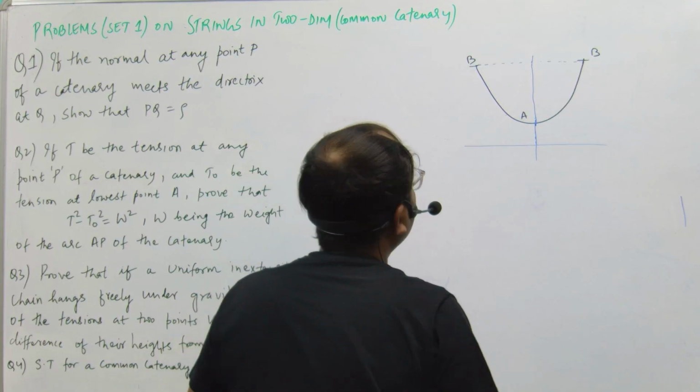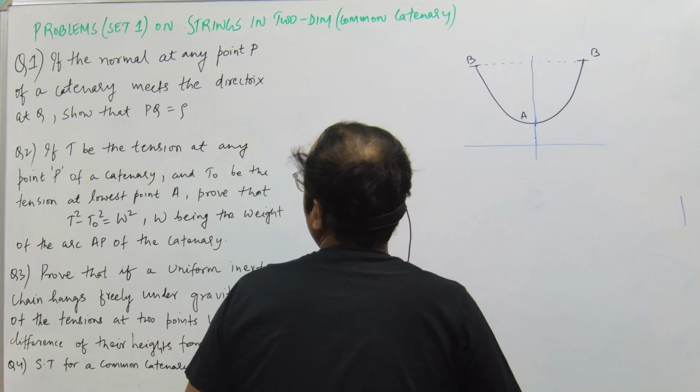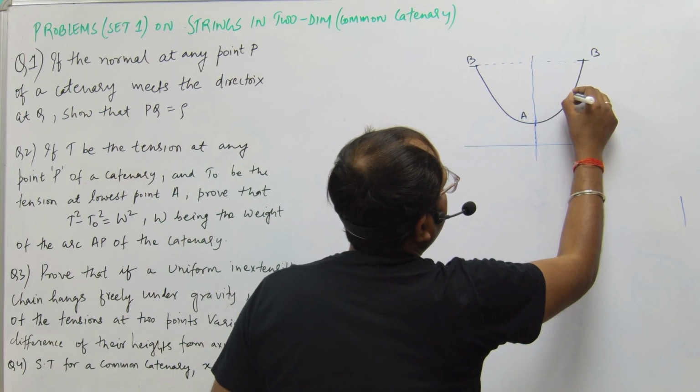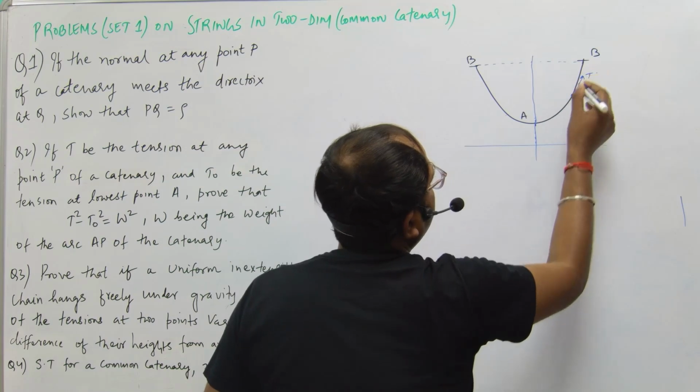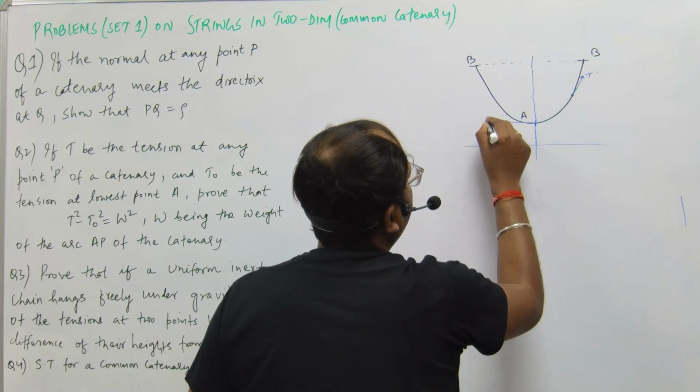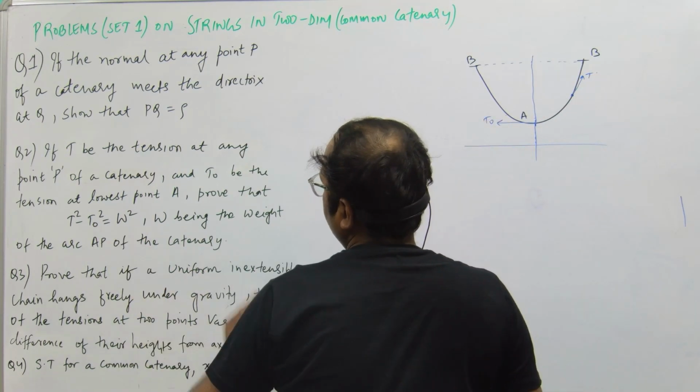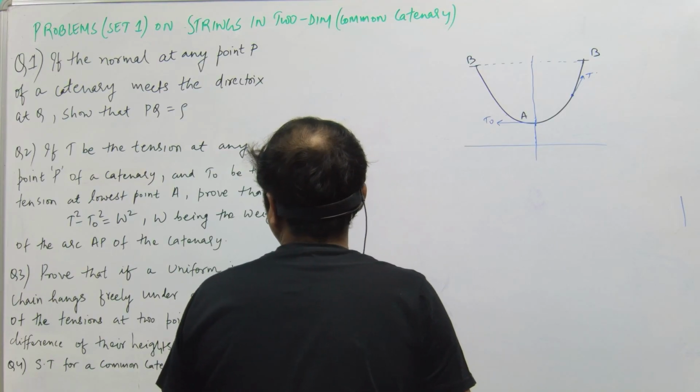Okay, so T is the tension at any point P. Let us take this as point P. So T is the tension at any point P, and T naught is the tension at the lowest point, W being the weight of arc AP of a catenary.